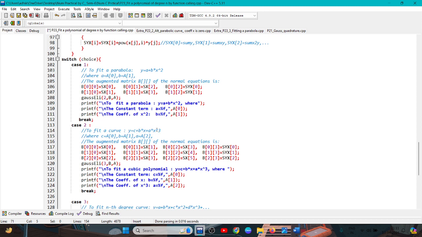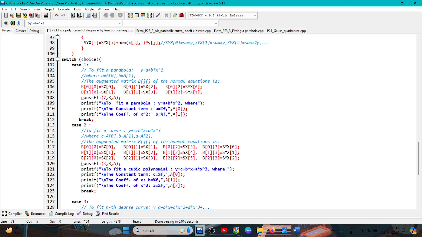Note that here the coefficient of x square is absent. Here c is the constant term a0, b is the coefficient of x, and a is the coefficient of x cube. The augmented matrix B of the normal equations, this is the first row, and this is the right hand column vector, B00, B01, B02, and so there are 3 rows.